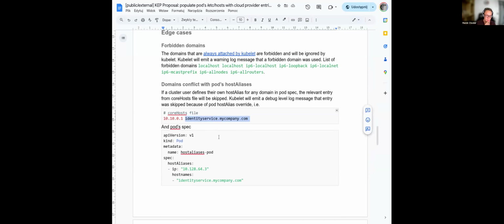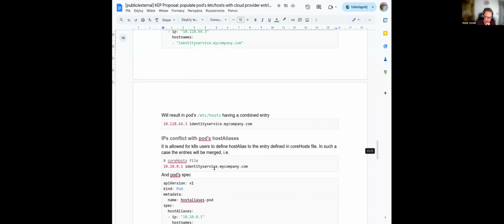So if we have DNS name pointed to some IP address and the customer is using host aliases in pod specification, then it will override the kubelet setting. We are keeping the same behavior right now, because if all addresses are resolvable remotely by DNS server and someone defines a host alias, it can override the IP address.